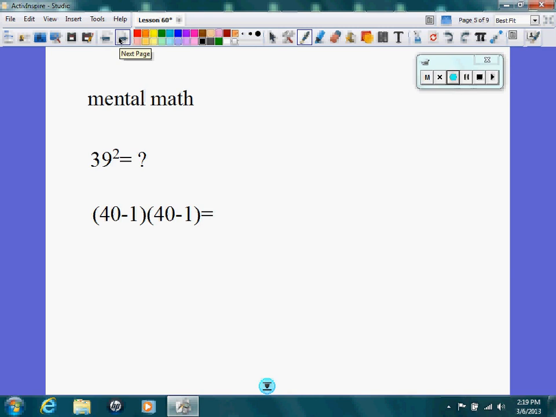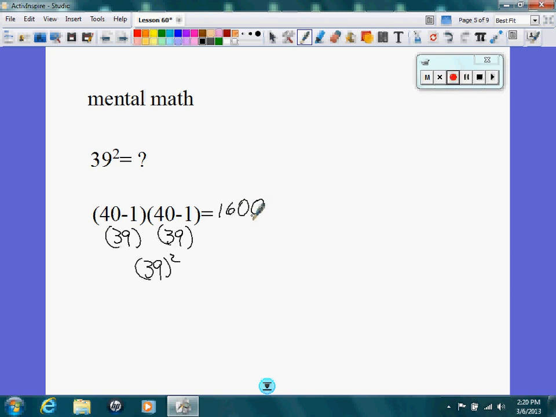Okay, let's do some mental math here. What is 39 squared? Could we write 39 as 40 minus 1 times 40 minus 1? I think so, because 40 minus 1 is 39, and that would be 39 times 39, which is what? 39 squared. So we could do this using one of our little tricks. Okay, so we would do what? First times first, a times a. Well, 40 times 40 is, let's see, 4 times 4 is 16, then we add 2 zeros, that would be 1600.